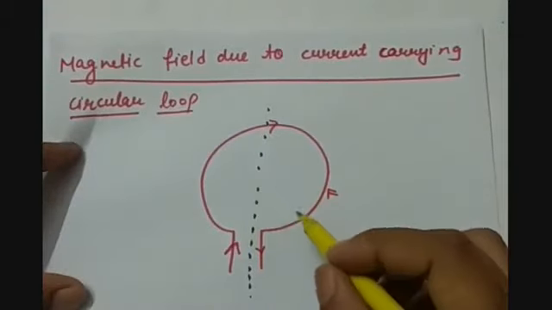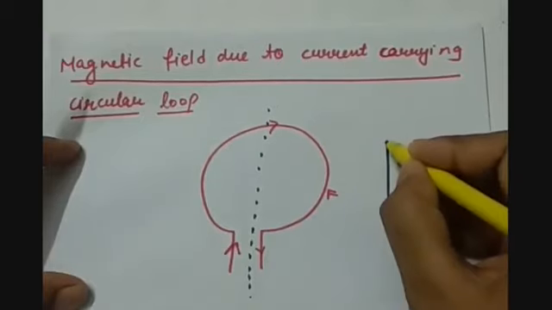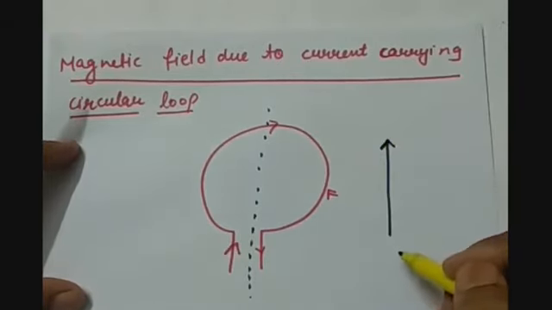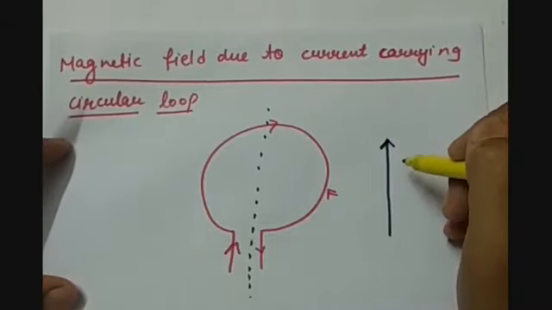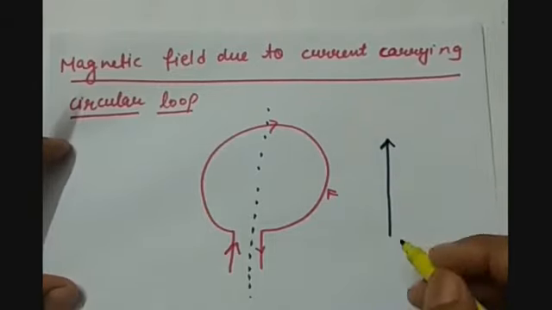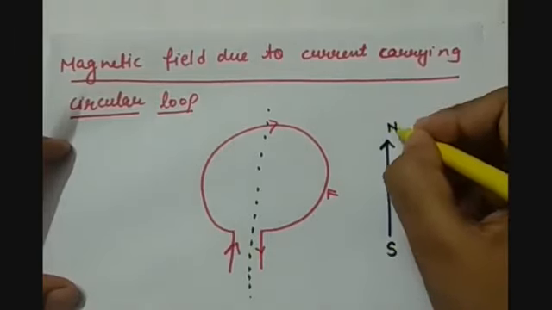The first half will be taken as the straight segment in which the current is flowing from lower to up direction, or you can say from our point of view, if it is south, then it is north.